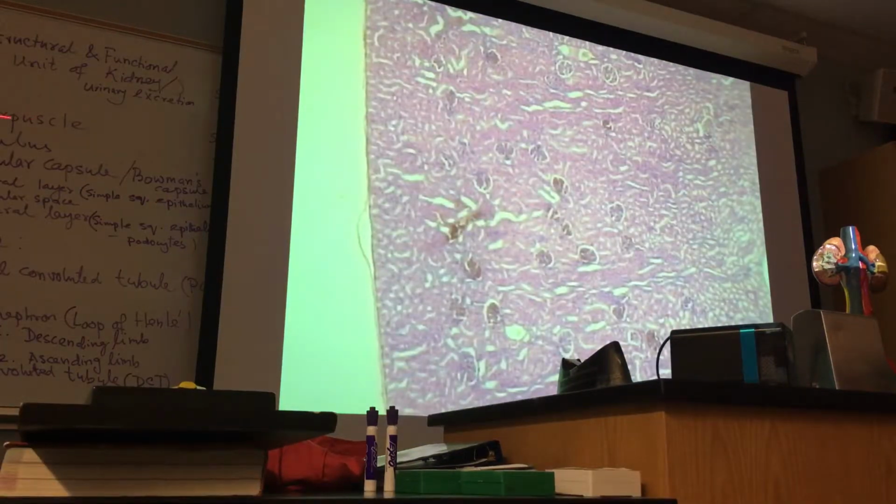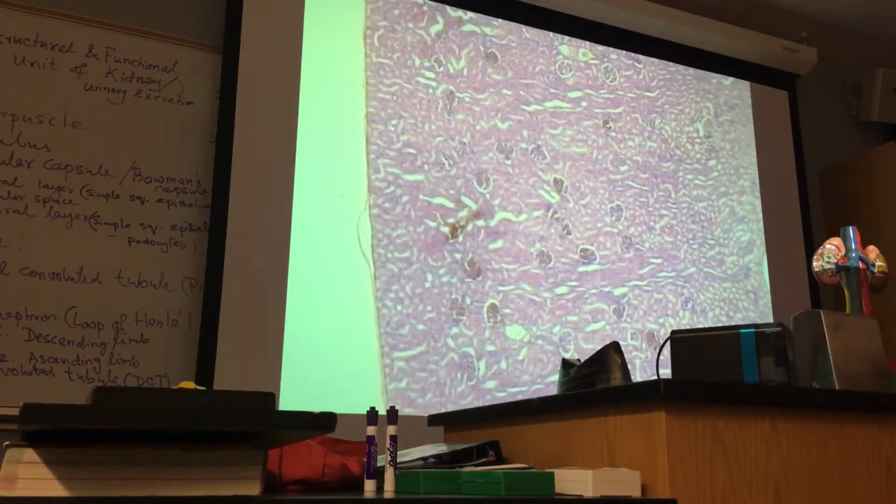Capsule. Not corpuscle. Capsule. Look here. This capsule is made of connective tissue. Then this part is called renal cortex, and here is renal medulla.